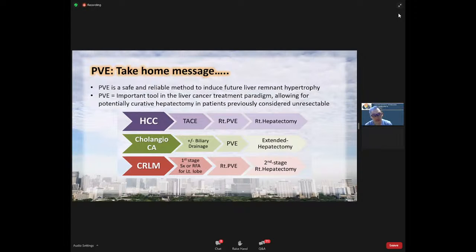PVE can facilitate curative hepatic resection in the patient who is initially considered unresectable. The sequence of treatment and PVE strategy are different between HCC, cholangiocarcinoma and colorectal liver metastasis.